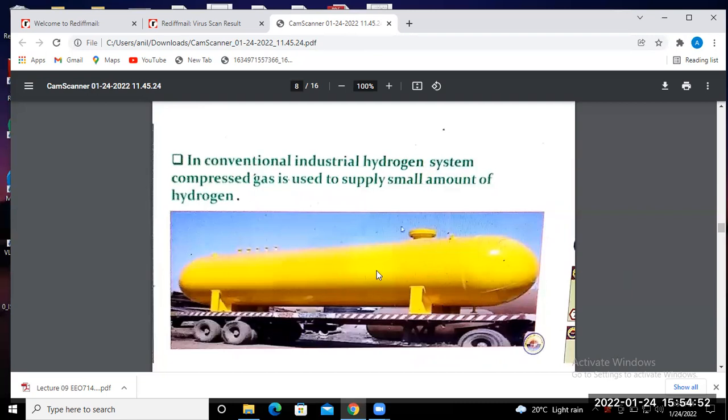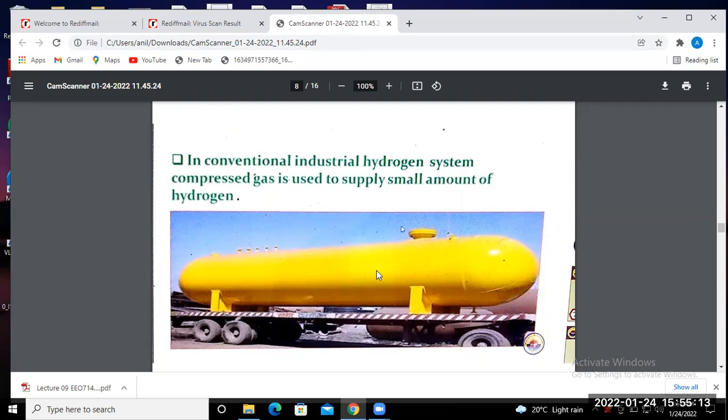From the production plant, you may carry it to where the fuel is required in another place.